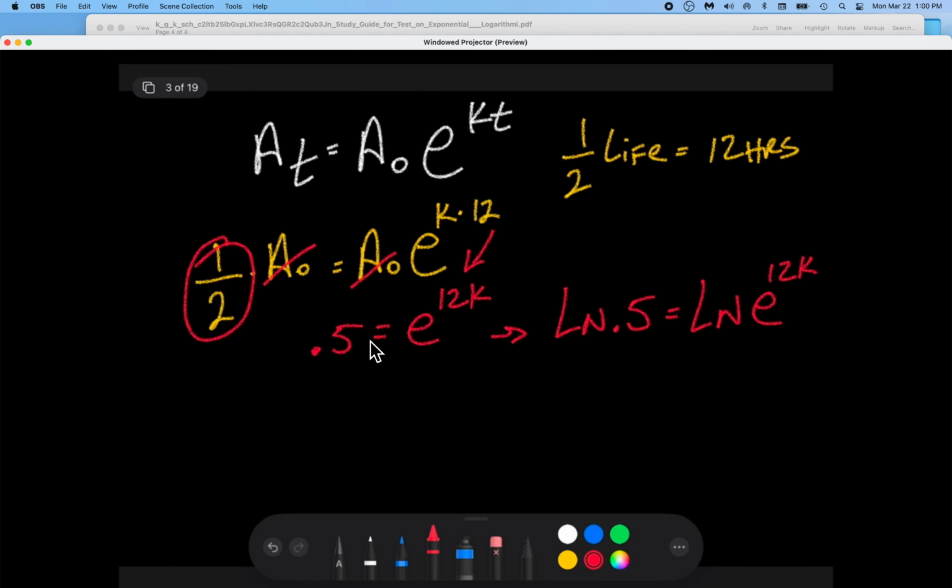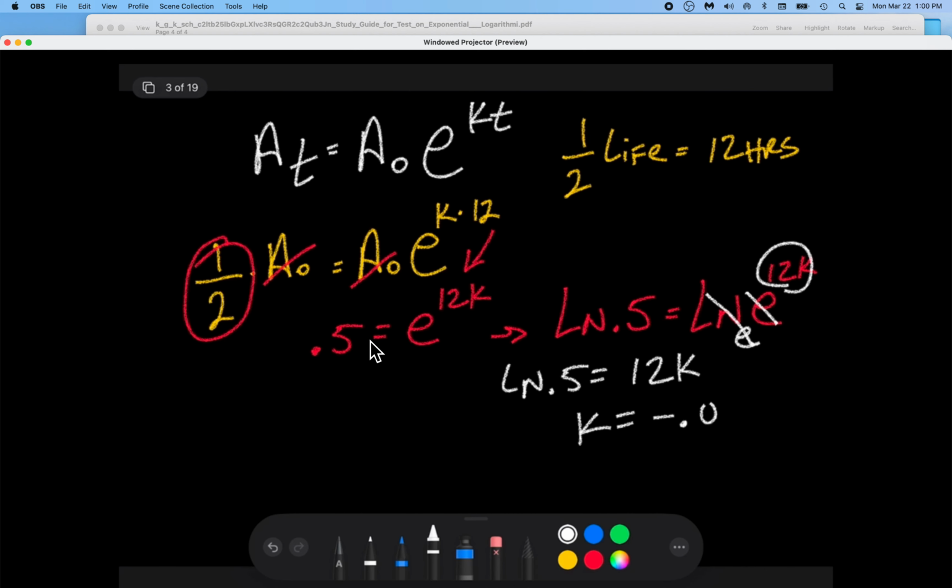And whenever e is involved, we can use this trick. So now we're going to have the ln of 0.5 equals 12k. And when you do that in your calculator, you get the fact that k is going to equal negative 0.058. And it makes sense because you're always going to get a negative k value when you have decay problems.